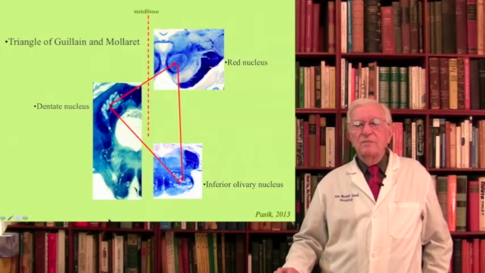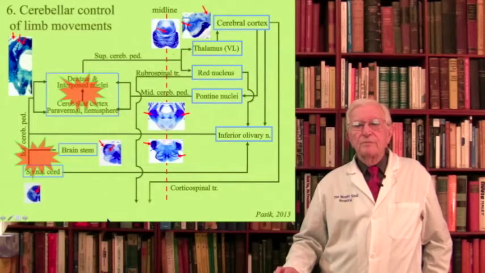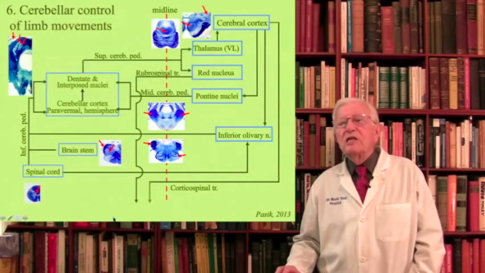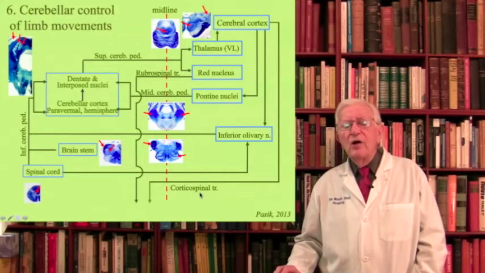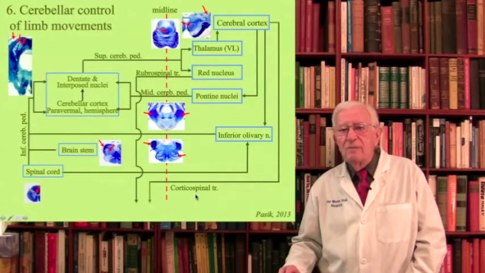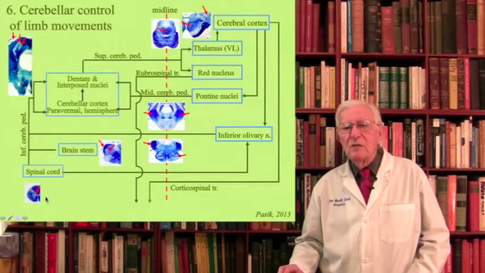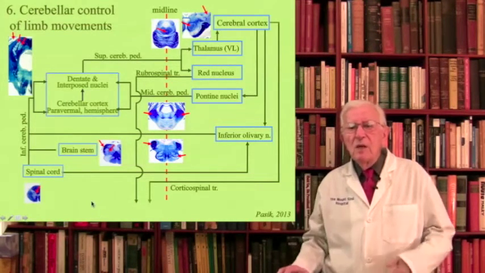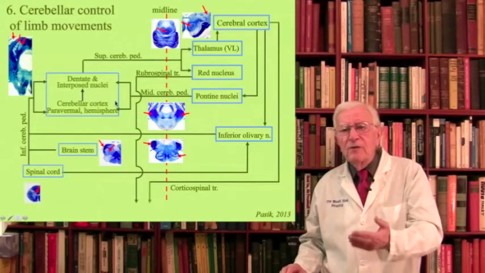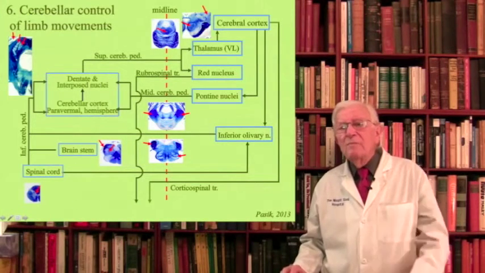All right. So what happens with lesions? You have lesions of the cerebellar system in any part of the system that will impinge on limb movements of the ipsilateral side of the cerebellum. So where can the lesion be?